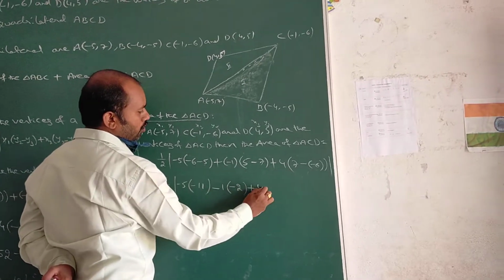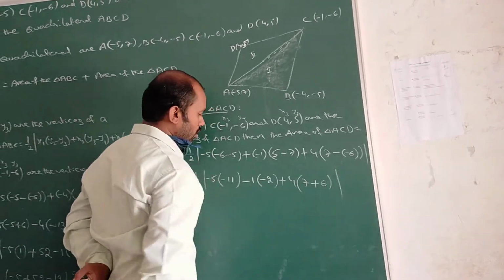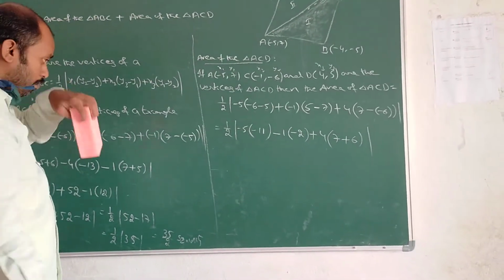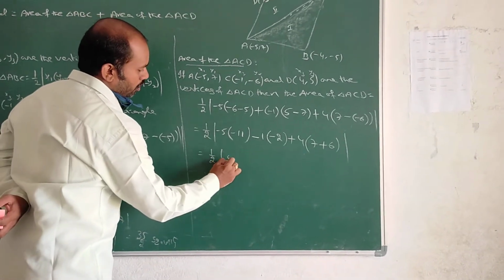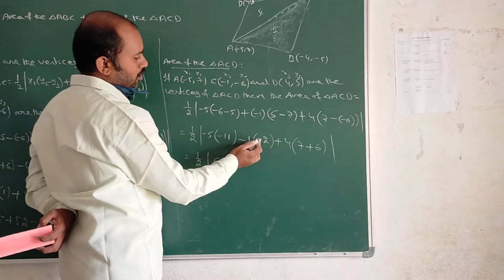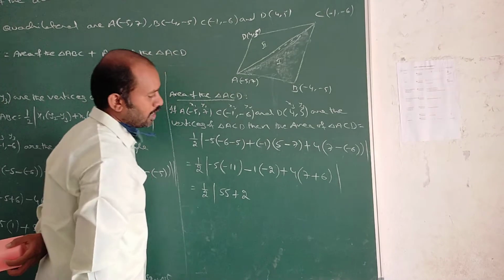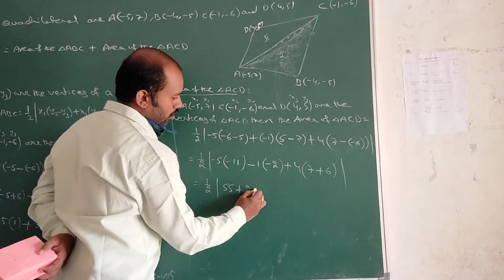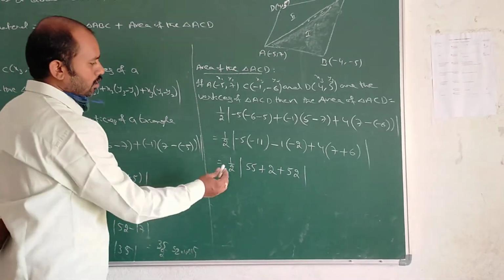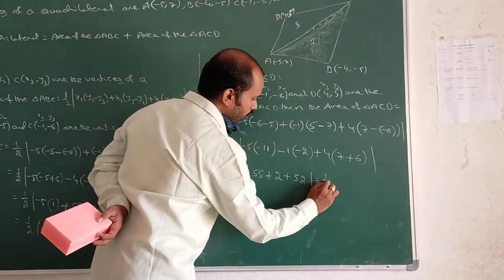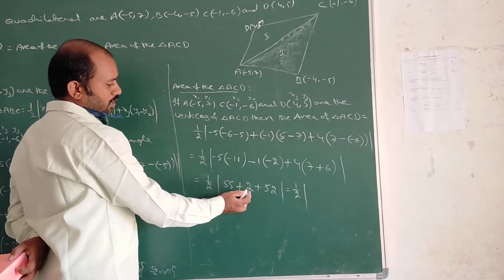Plus 4 into in bracket 7 minus into minus plus 6. Modulus close. Okay, here in the simplification, minus into minus plus, 11 5s are 55. Here also minus into minus plus, 2 1s are 2, 7 plus 6 here 13 into 4, here plus 13 4s are 52. Now add all this, that is equal to modulus of 55 plus 2, that is 57.